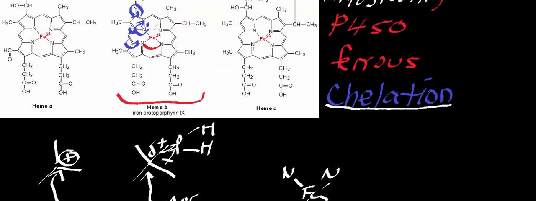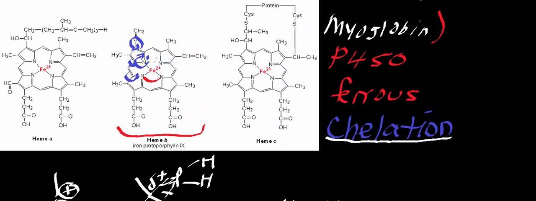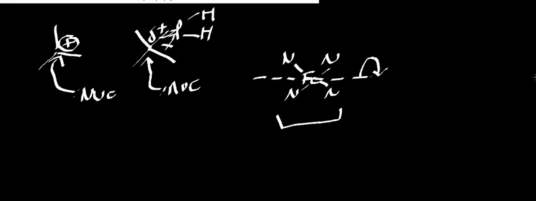So this setup right here is if we're looking at the porphyrin ring face on. But if you imagine we have an axis right here, and I rotate it 90 degrees, in a different color, if I have an axis that runs through here and I rotate it 90 degrees, then what you have to see is the nitrogens, I'm going to do my best to draw it, but you have your iron.